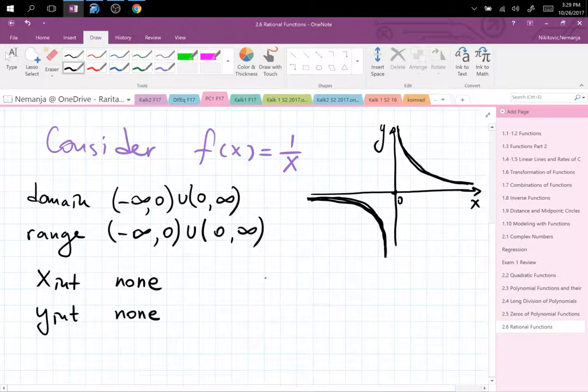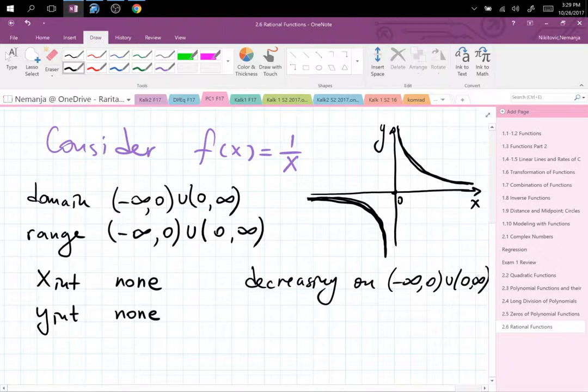We can see that the function is always decreasing. So our entire domain is a decreasing part. And we also see that it has interesting end behavior.